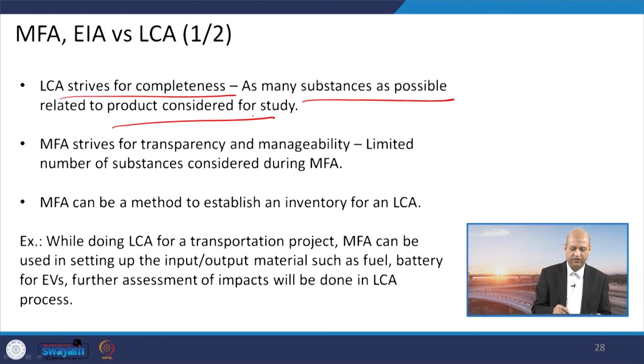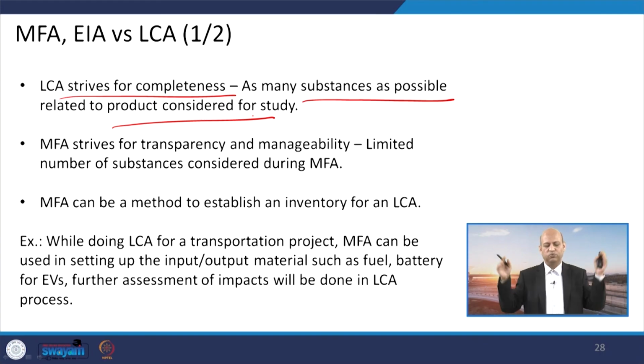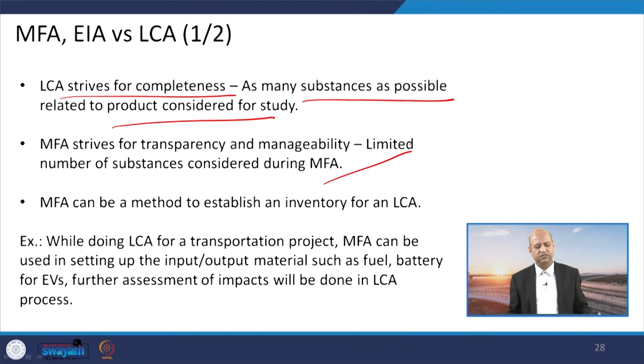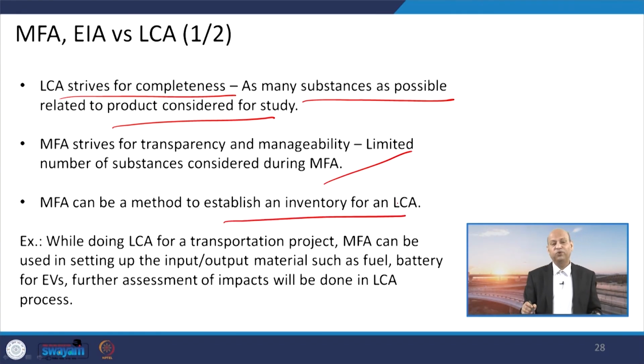MFA strives for a simplistic way, transparency and manageability. Okay. It does not go into very lengthy detail. So, a limited number of substances are considered in MFA. The system boundary may be narrower, and it can also provide a helpful inventory for an LCA. That means it can be used for LCA, as a sub tool.